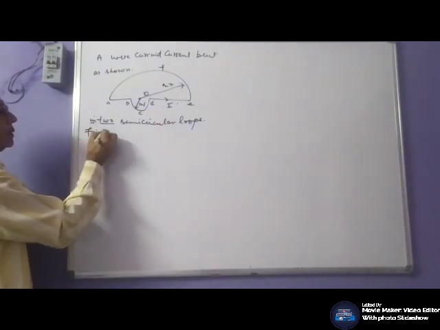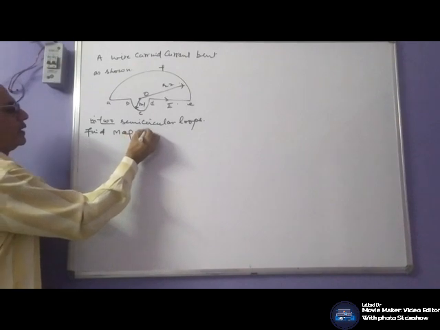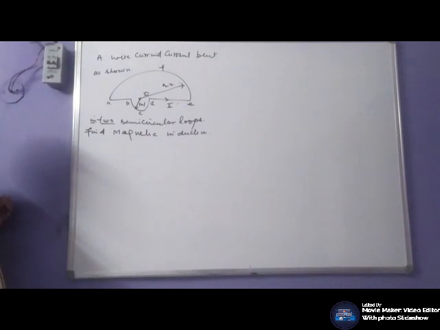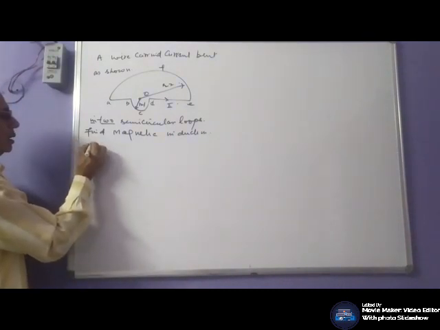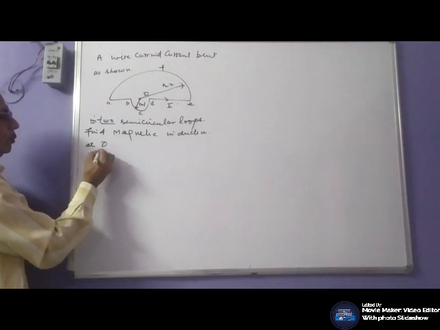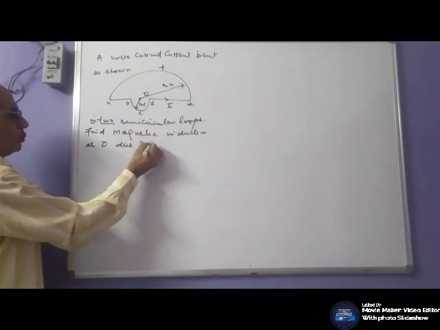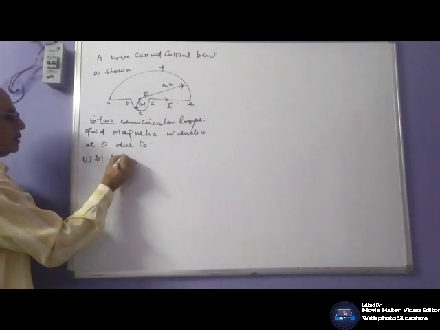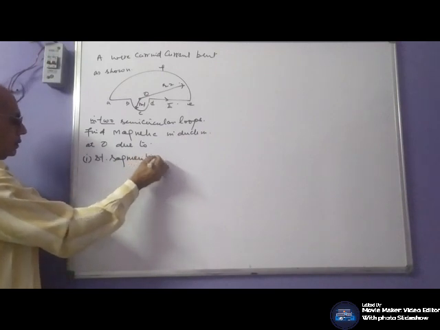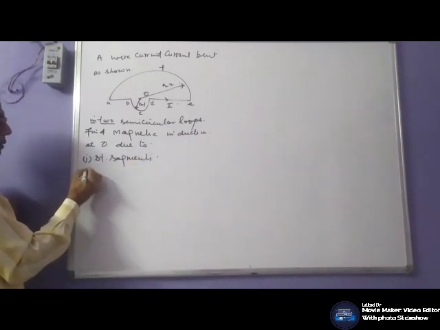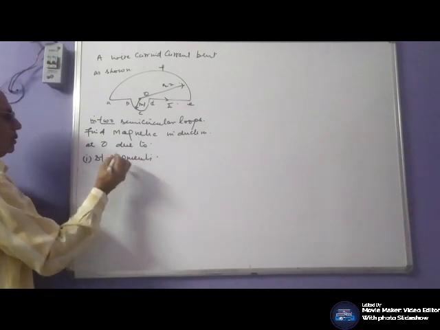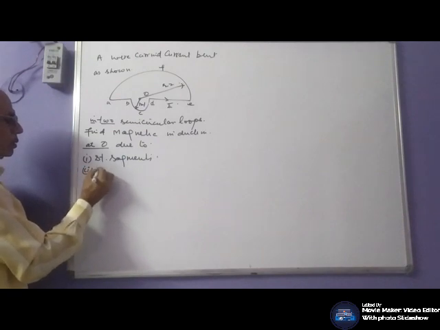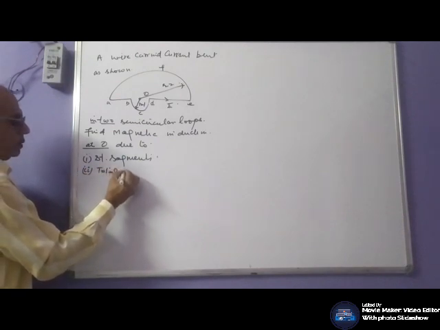Find magnetic induction at O due to the straight segments, due to the semicircular loops, and the total induction.